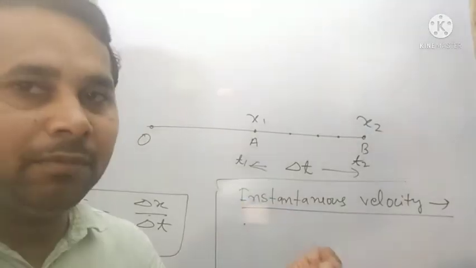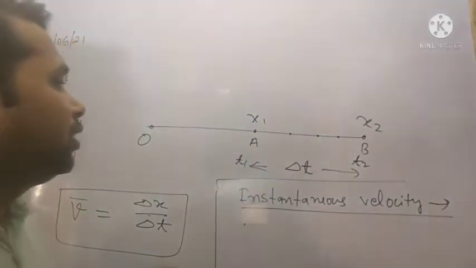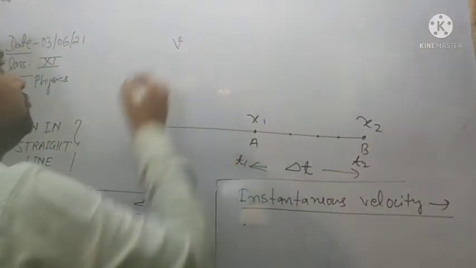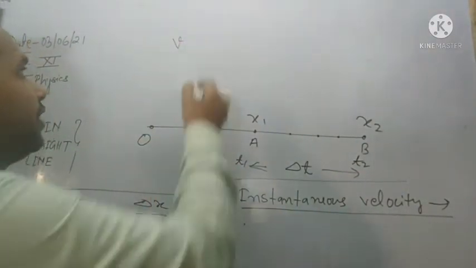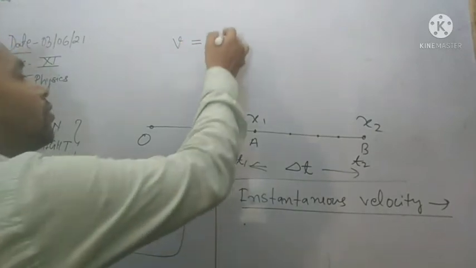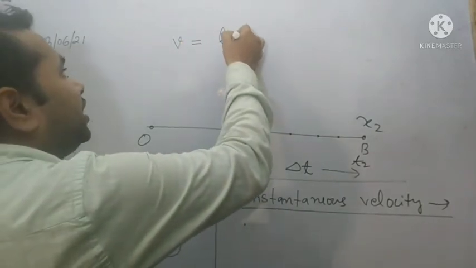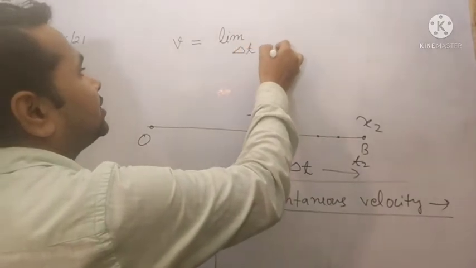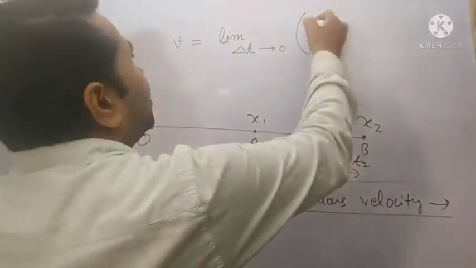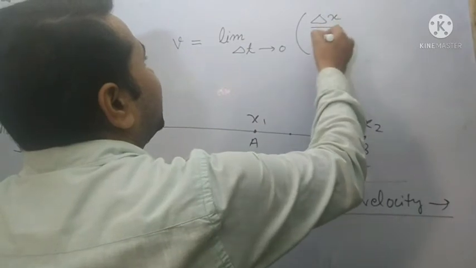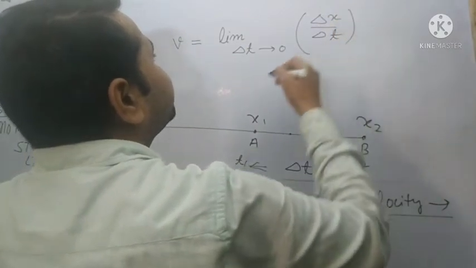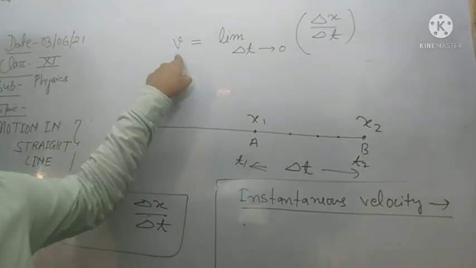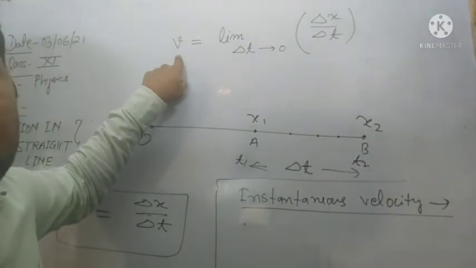At instant of time t, and it is defined as, मतलब instantaneous velocity v is defined as the limiting value. पहले देखो लिख देते हैं limit delta t tends to 0 delta x upon delta t से here. Now this is the instantaneous velocity.